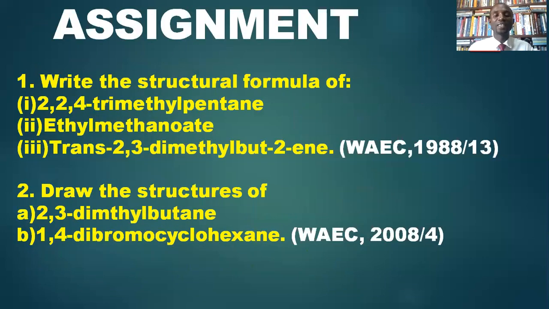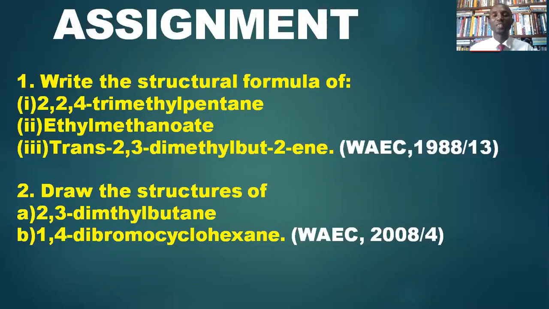All right, this is an assignment you are going to do. WAEC questions, WAEC 1988, number 13 says, write the structure of the following: 2,2,4-trimethylpentane, ethyl methanoate, trans-2,3-dimethylbutene.